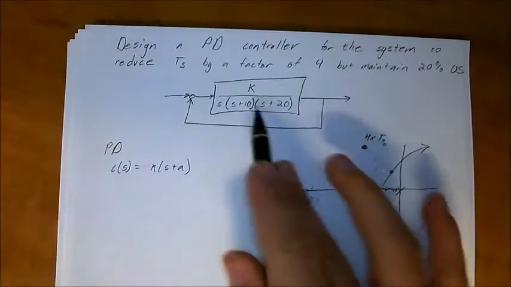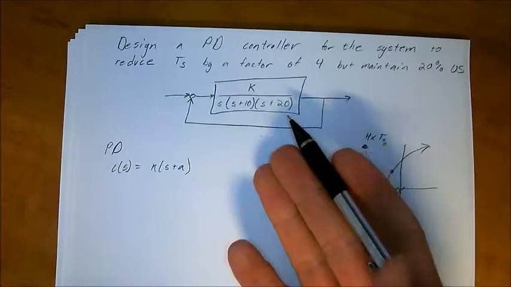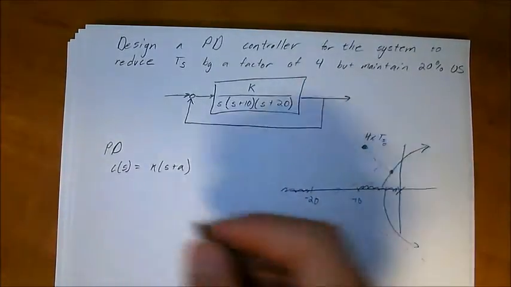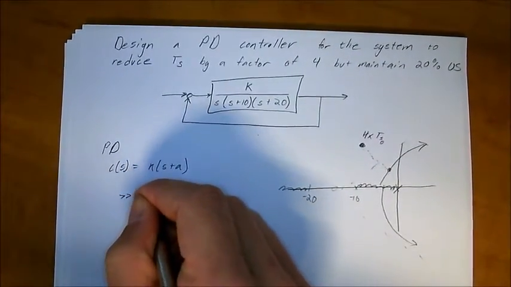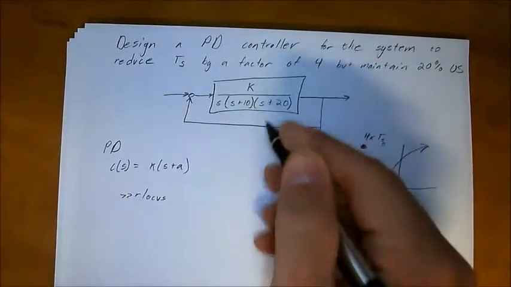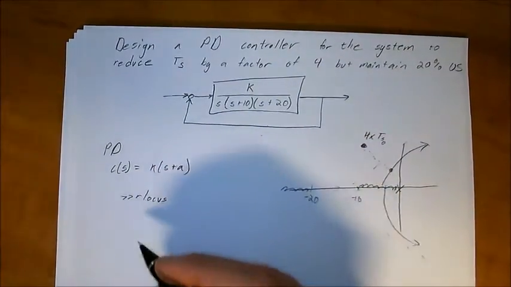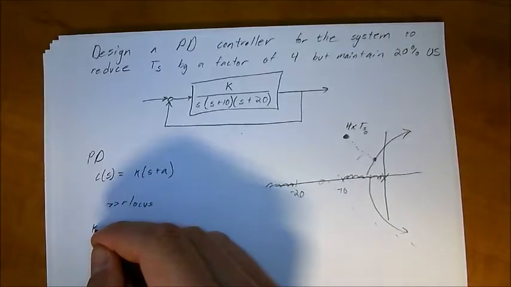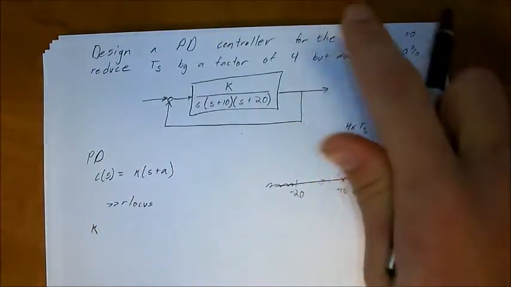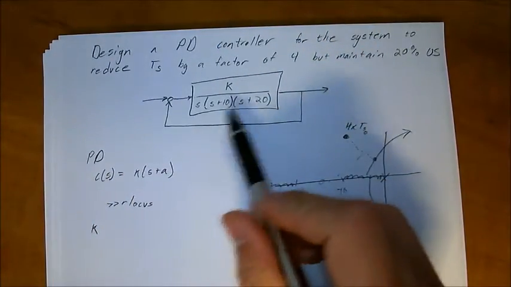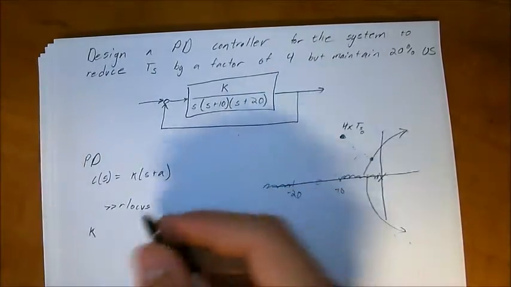So what you can do is take this function, stick it into MATLAB, and have it do an rlocus of the system. Use that command, and you'll be able to get a locus plot and then run along the line, and you'll be able to pull some values off of this that we'll be able to use.